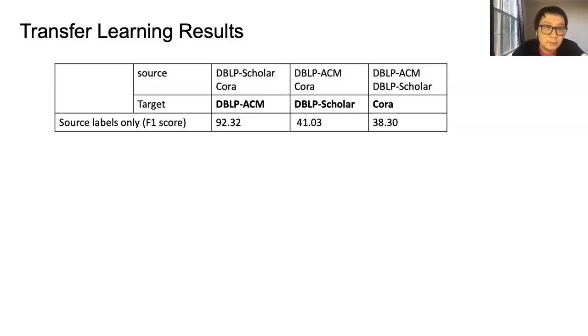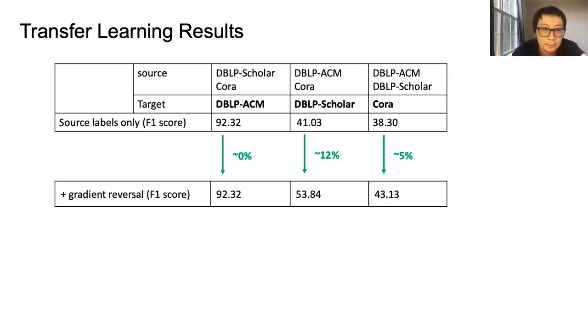But we see for DBLP-Scholar and Cora, the performance is lower. If we add gradient reversal, basically the domain adaptation that I just described, we can see a significant improvement for the DBLP-Scholar and the Cora datasets.